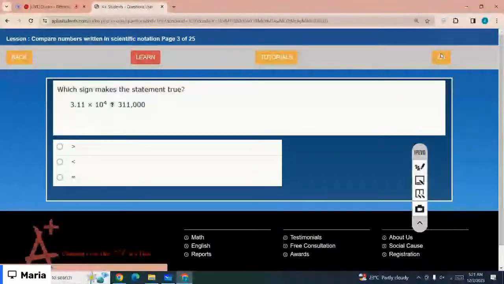Okay, the next one is, which sign makes the statement true? 3.11 times 10 exponent 4 or 311,000. So which is the correct option?